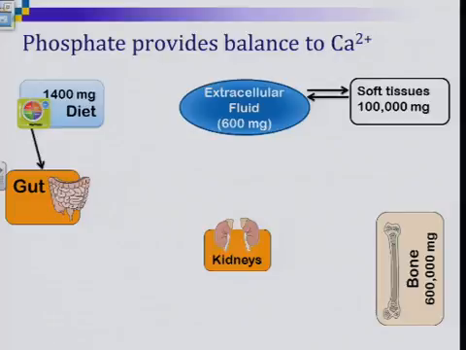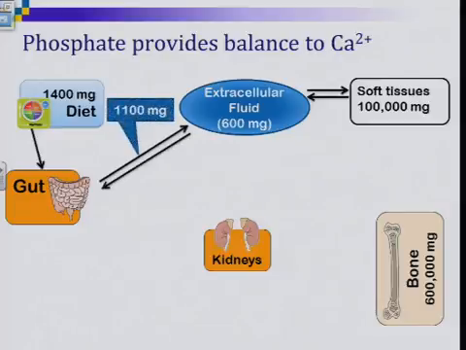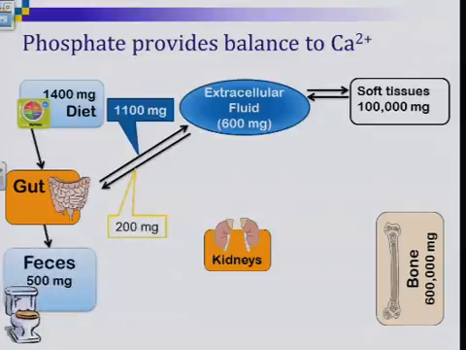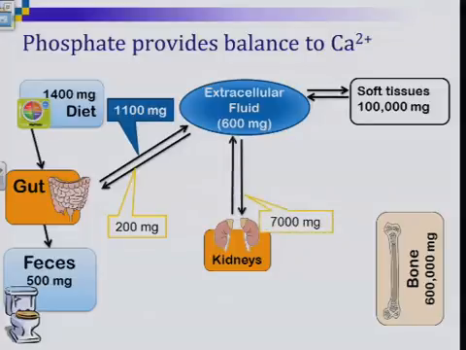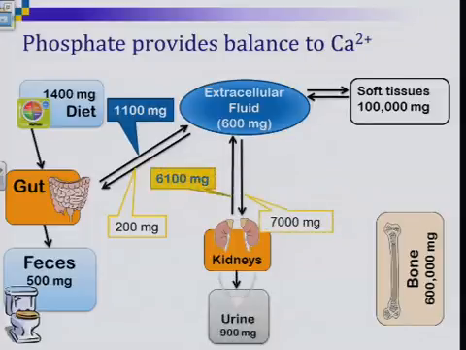Daily, most people take in about 1,400 milligrams of phosphate, of which about 1,100 gets absorbed, 200 milligrams gets eliminated, with a net of 500 milligrams out the GI, about 7,000 in the kidneys, 6,100 milligrams is reabsorbed, leading to about 900 milligrams being excreted through the kidneys.